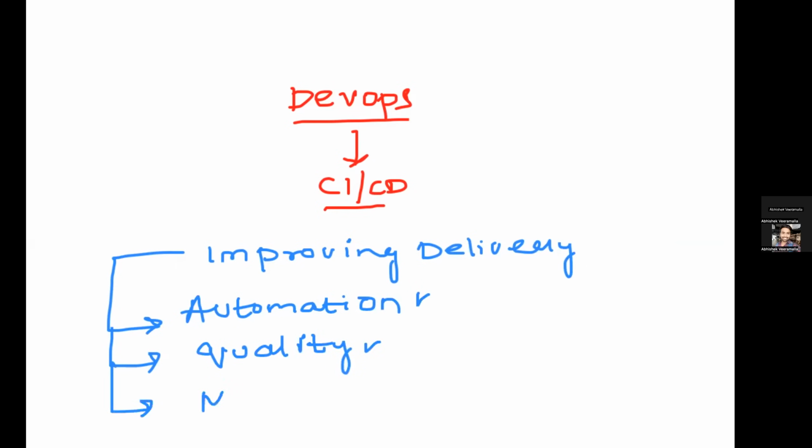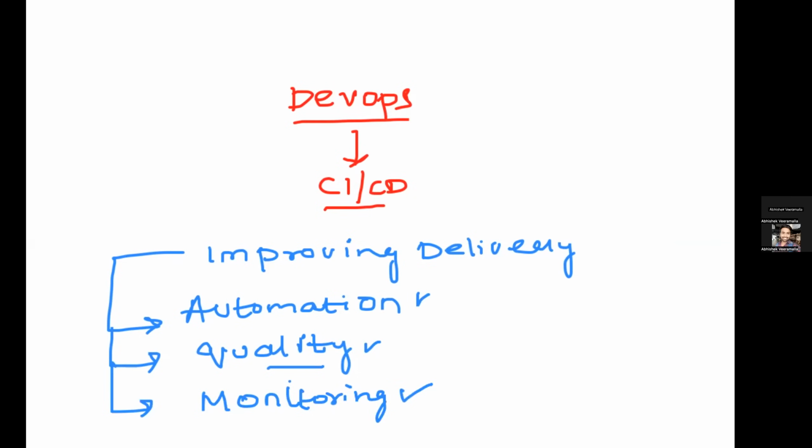DevOps is also about monitoring. What is monitoring? Let's take the same example. You are providing the chips, you have automated the process, you have also maintained the quality. But how would you ensure that your quality is maintained? You have to build in monitoring, right? Whenever there is an issue in the quality, or an issue in the automation, somebody has to report back to you.